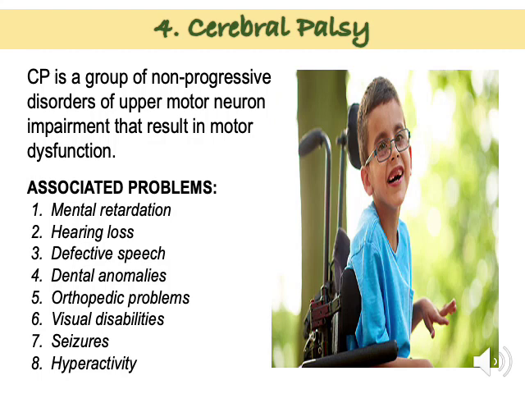These are the associated problems: mental retardation, hearing loss, defective speech, dental anomalies, orthopedic problems, visual disabilities, seizures, or hyperactivity. Again, a child with CP may just have these associated problems, but what is usual or common among CP children are the motor neuron problems.